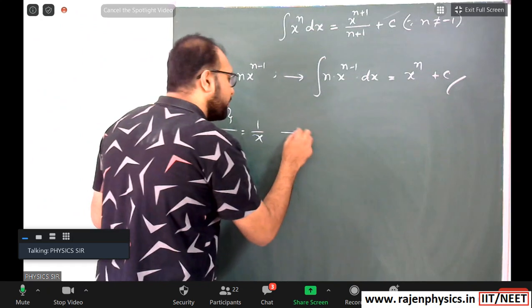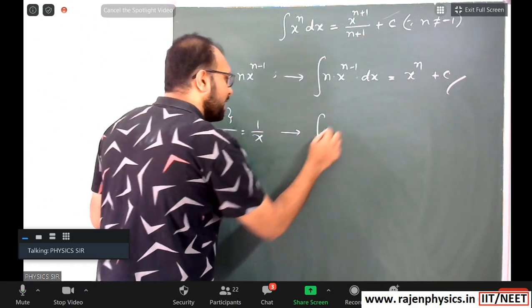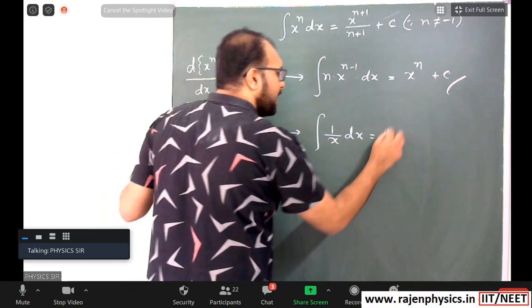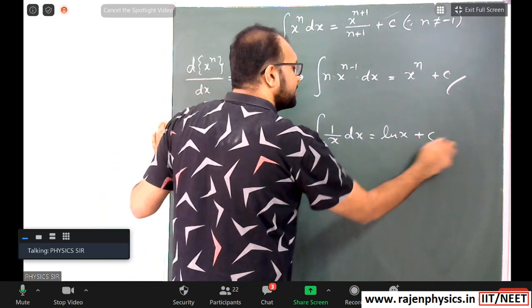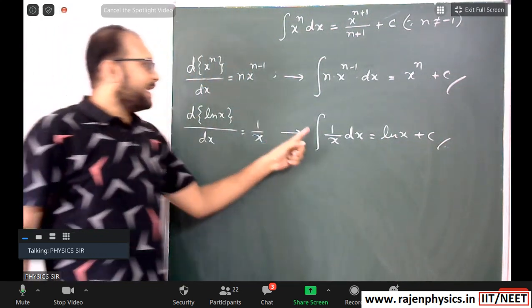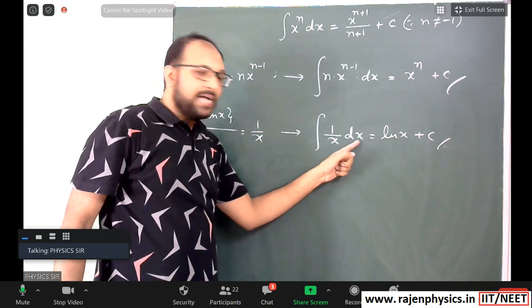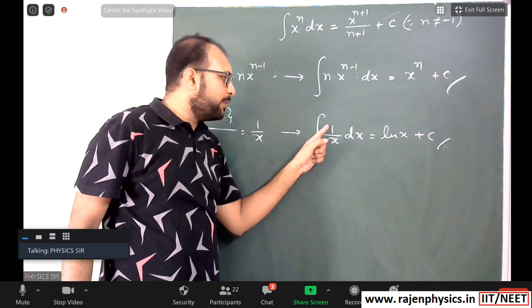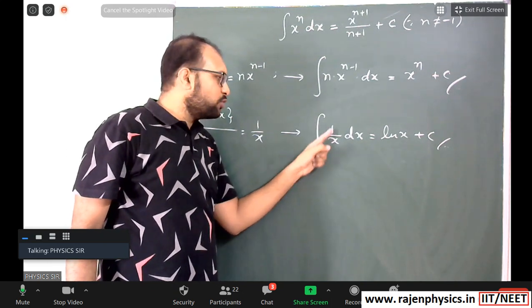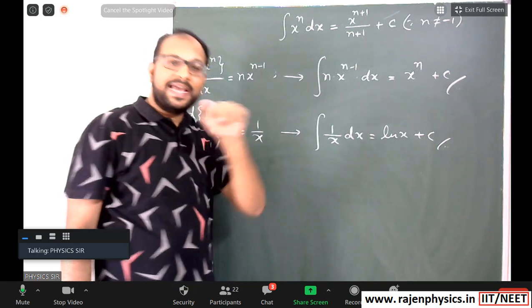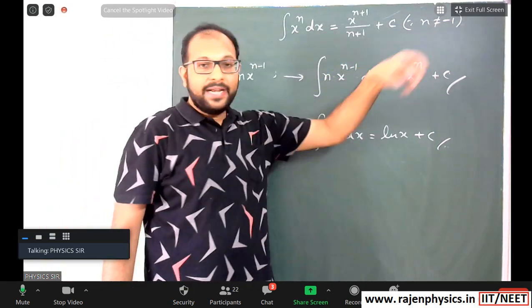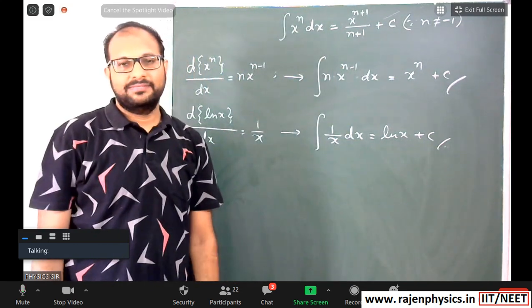From this, how do we write the integration? The integral of 1 by x dx equals ln x plus some constant. The integral of 1 by x dx, you can write as the integral of x to the power of minus 1 dx, which is indirectly the integral of x to the power of n dx with n equal to minus 1.